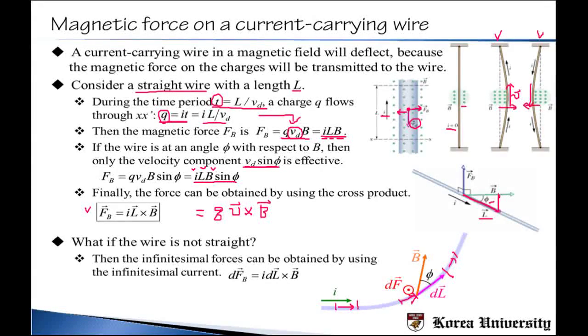So suppose now in this particular position, you are considering a small piece of this length, which we call dl vector. And if it is subject to the magnetic field B and it is making an angle phi, then what you have to do is simply make a cross product between these two things.